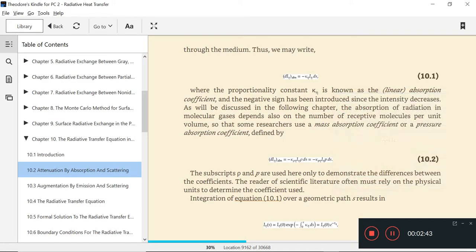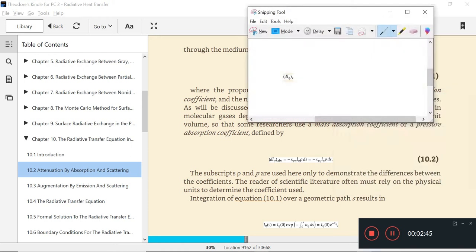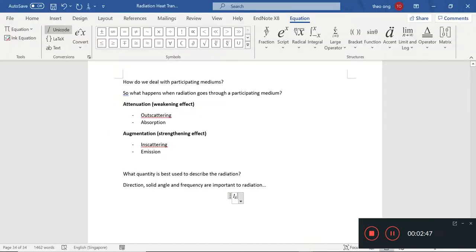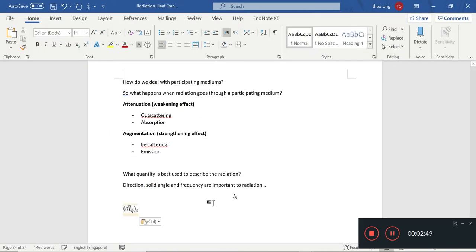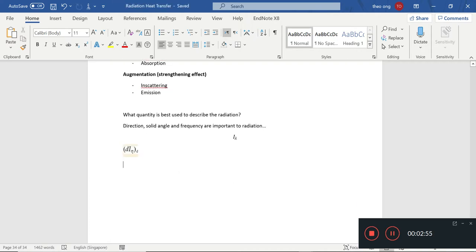This is what is used inside the textbook. Eta is the wave number, so that's the other way, and you can use a frequency, which is nu, as well. So we use intensity in general to describe radiation transport.